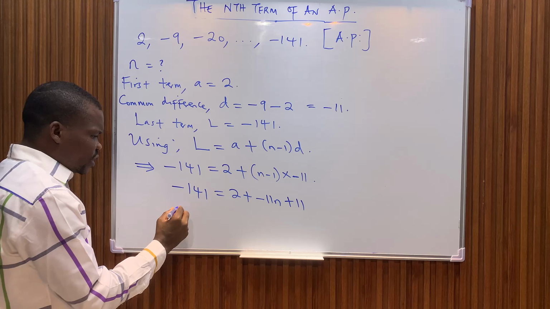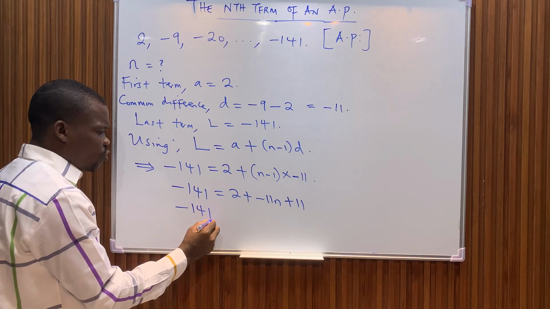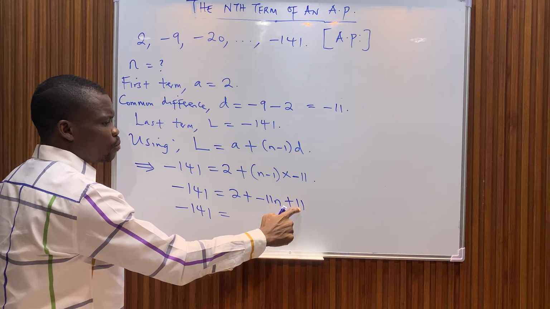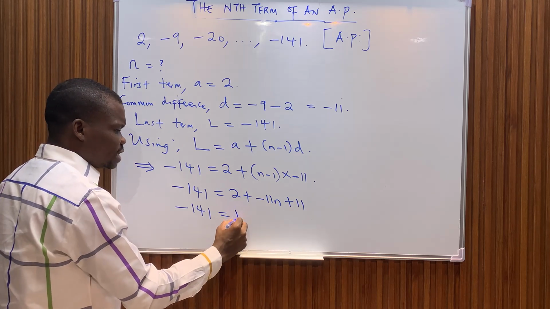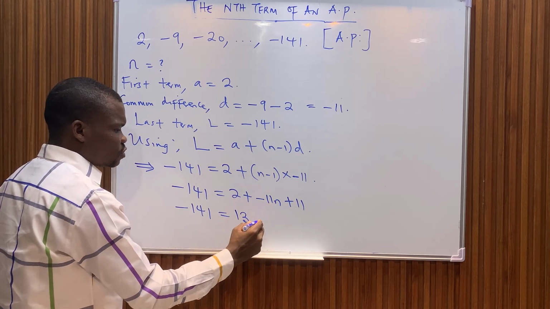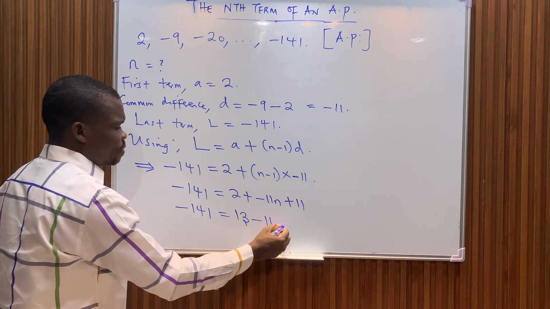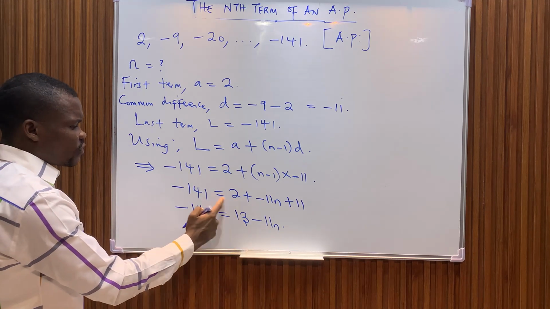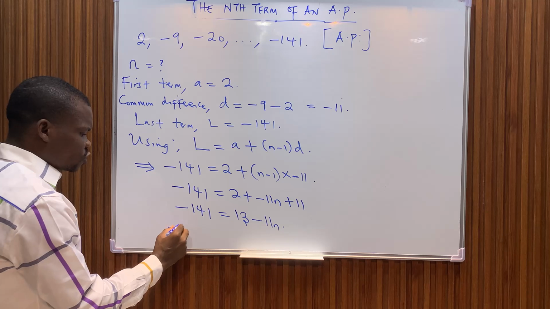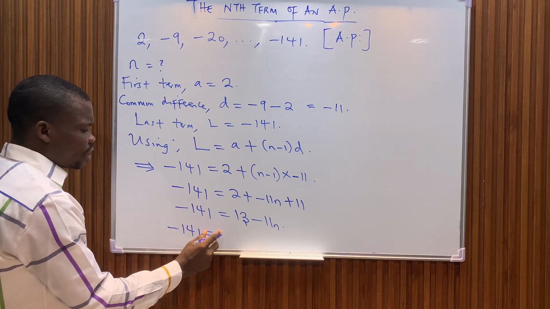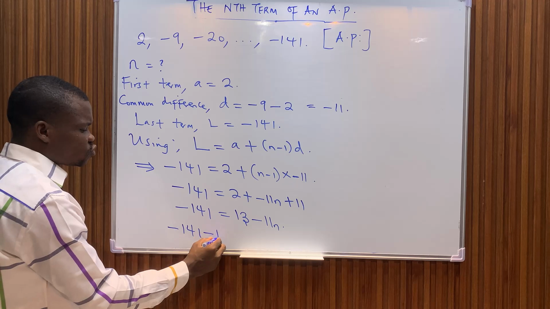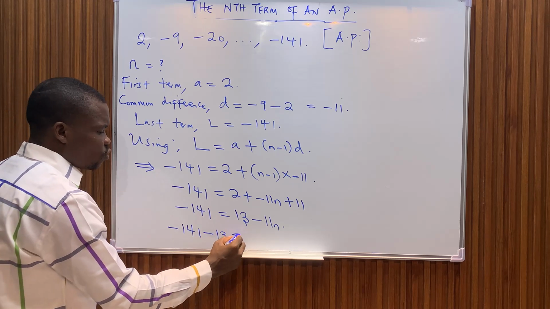On further simplification, minus 141 equals, when you collect like terms, 2 plus 11, that's 13, then minus 11n. If I move this 13 over here, remember, when a plus sign crosses the equality sign it becomes minus. So minus 141 minus 13 equals minus 11n.